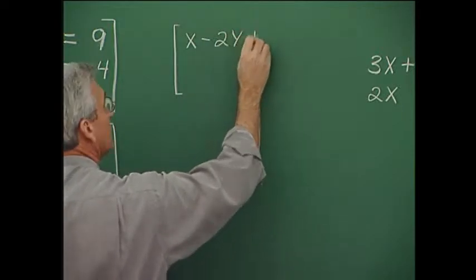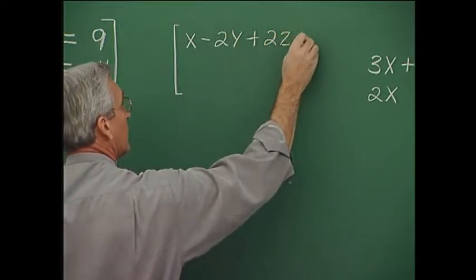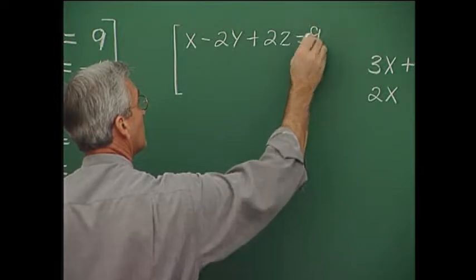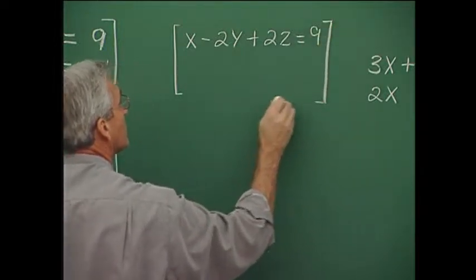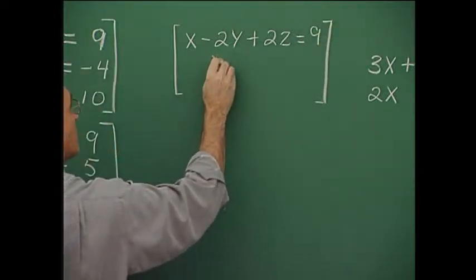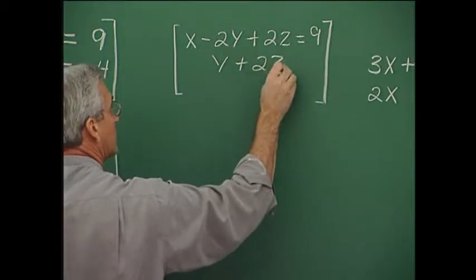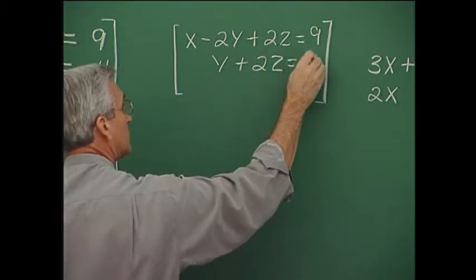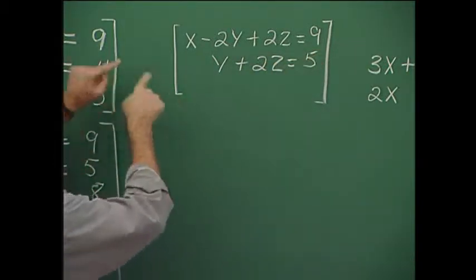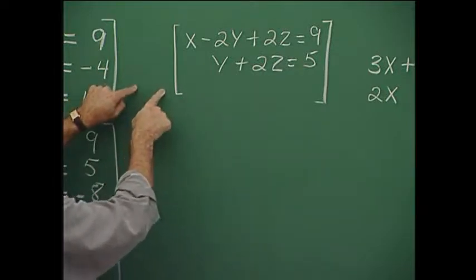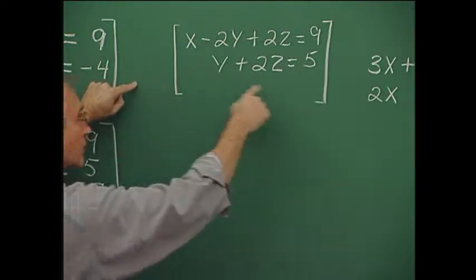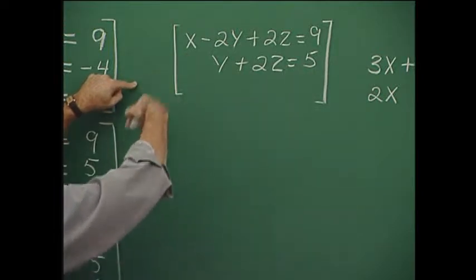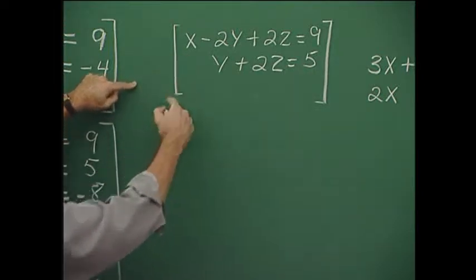Negative 2 times 0 is 0, plus 0 is 0. Nothing to do. Negative 2 times 0 is 0, plus 1 is 1. Really nothing to do. Negative 2 times 1 is negative 2, plus 2 is 0. And we set it up to be that way. So all of these operations were trivial, and all the action is over here with our constants.